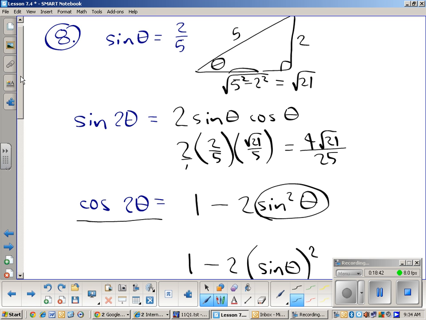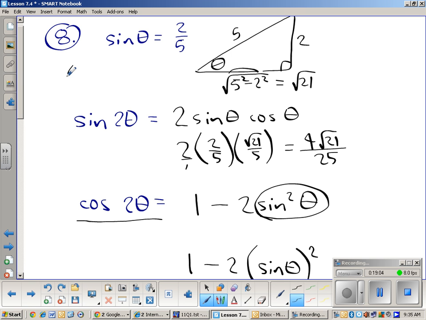It says you can give them information to find sine, cosine. Okay, it doesn't say anything about theta between 0 and... Yeah, right there. Theta is bigger than 0, less than 90. So they're telling us it's in quadrant 1. Okay?